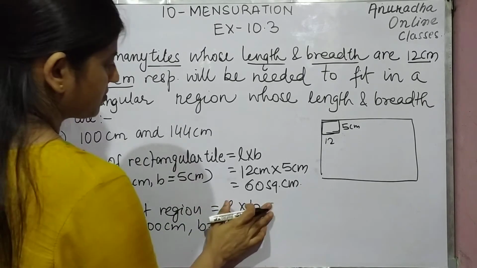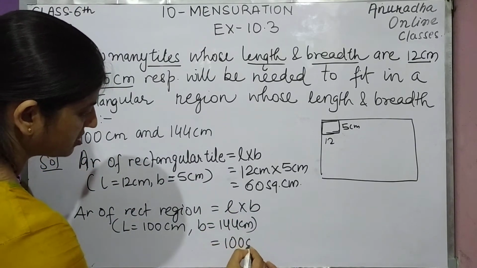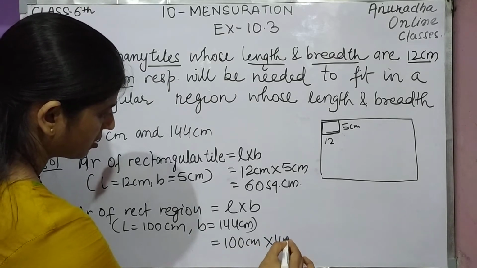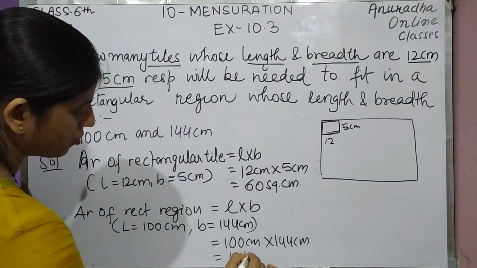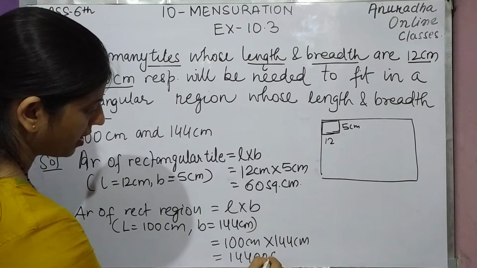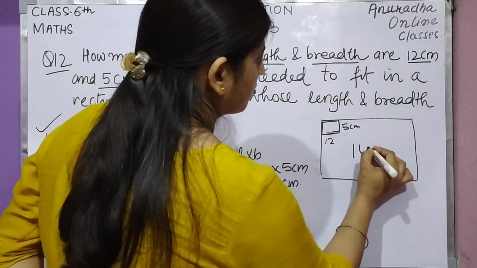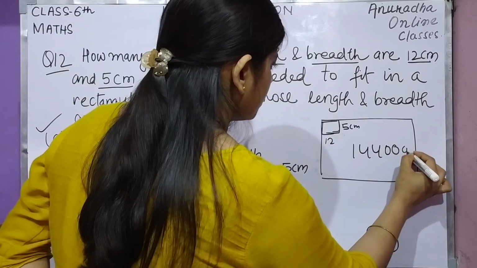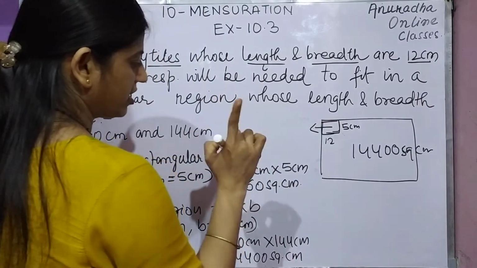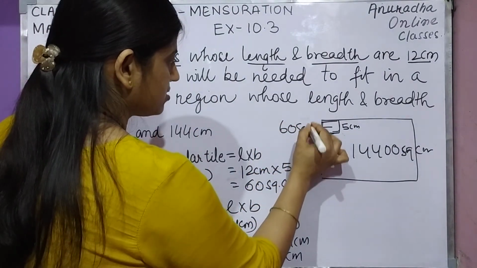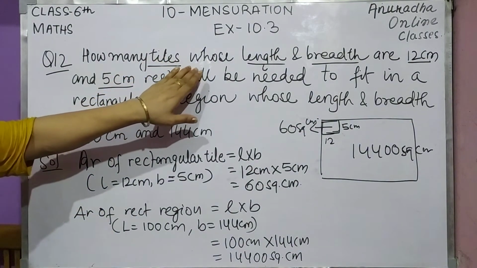So this will be equal to 100 centimeter into 144 centimeter, that will be equal to 14400 square centimeter. So what is the area of this? This is 14400 square centimeter. और एक टाइल का एरिया क्या है? 60 square centimeter, right?